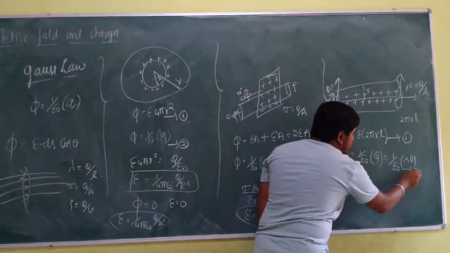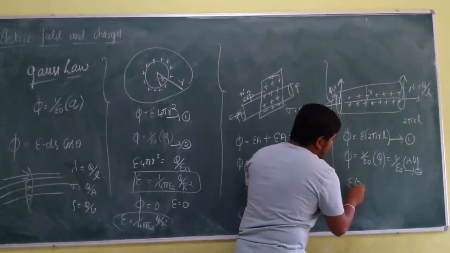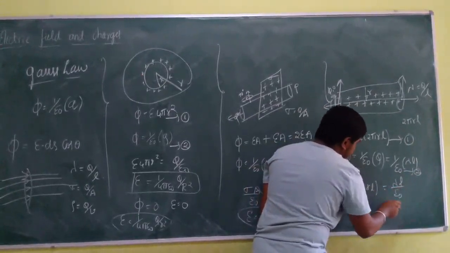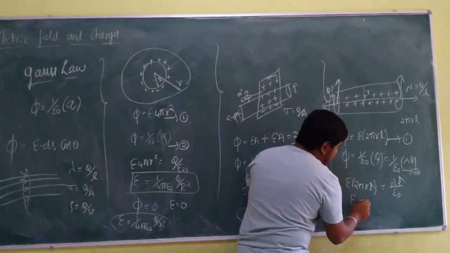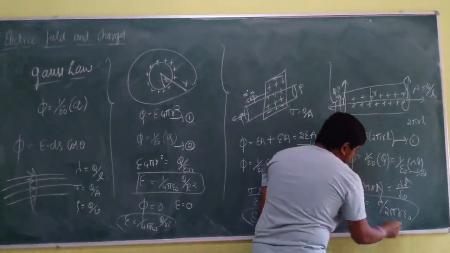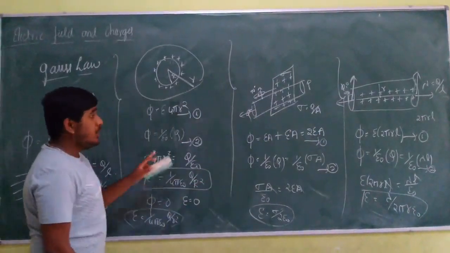On equating these two equations, E into 2 pi rL is equal to lambda L divided by epsilon naught. L cancels, and E is equal to lambda divided by 2 pi r epsilon naught. This is the value of electric field due to a thin wire.